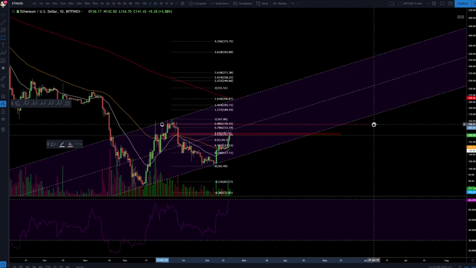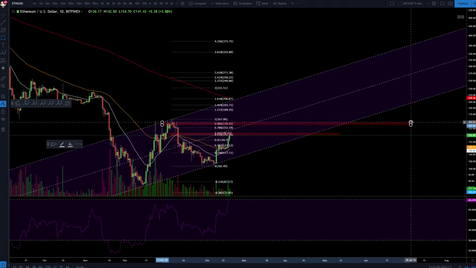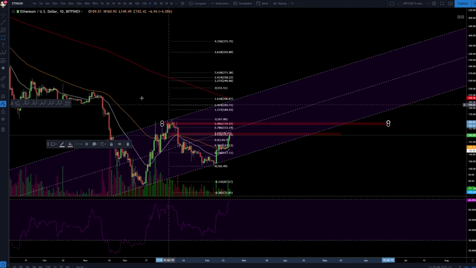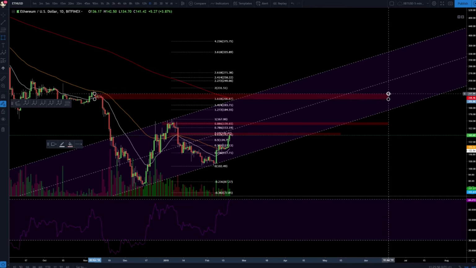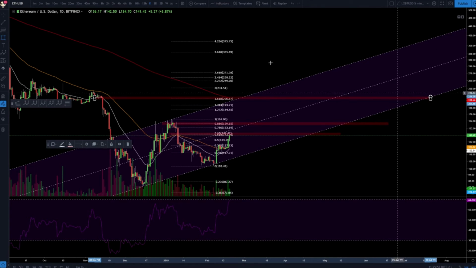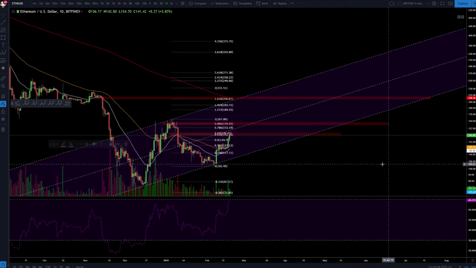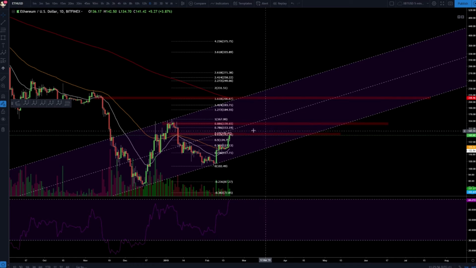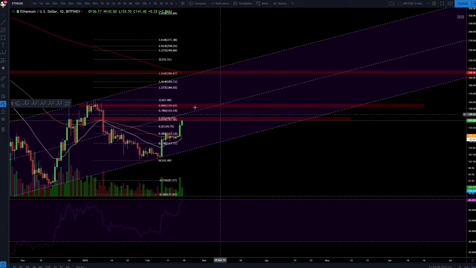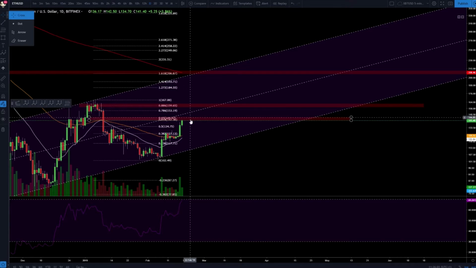Just a rough area. There, and then of course we have a rough area here. So there we go. We have some more targets to hit, and that is what we're looking at.